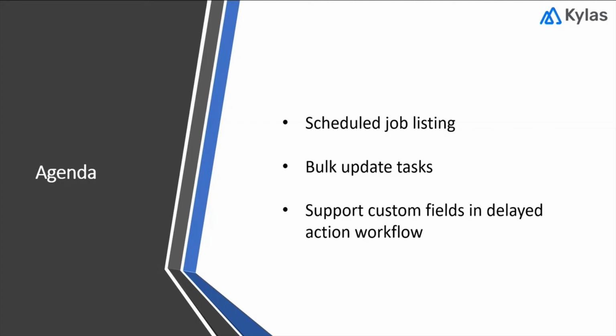And last but not the least is bulk update on tasks, which is, I believe, going to be very helpful to a lot of people. Okay, so this includes the topics for today's webinar.